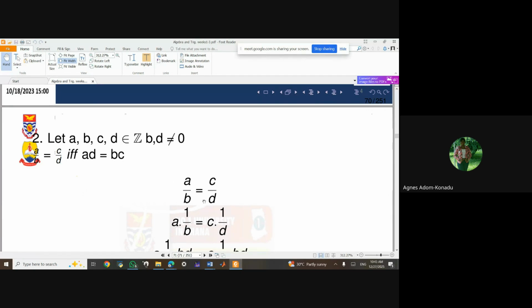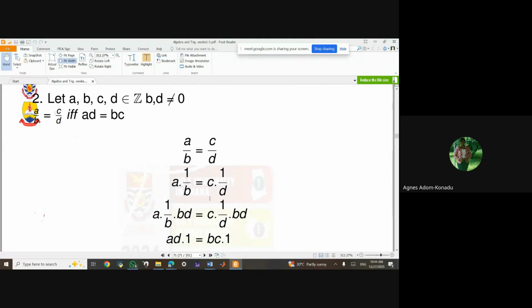Now the proof. I want to prove that A over B is equal to C over D if and only if AD is equal to BC. First I have A over B equal to C over D. From what we saw earlier, A over B can be written as A times 1 over B, and this equals C times 1 over D. Then I can find the LCM of B and D, which is BD.